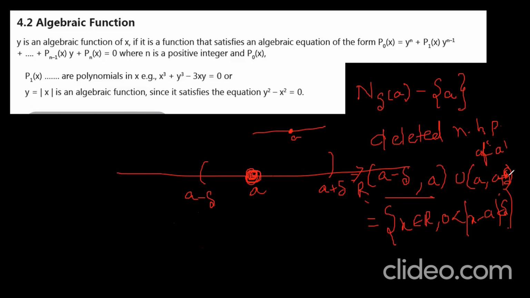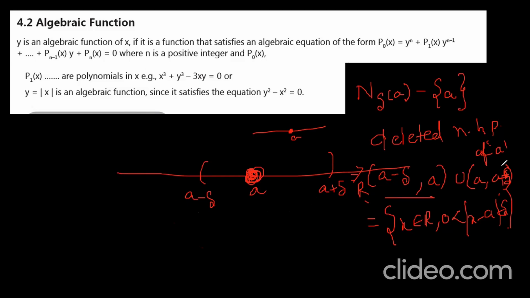There exist infinitely many neighborhoods for point A. An open interval containing A is a neighborhood of point A. Thus, the set of all real numbers R itself is a neighborhood of A.